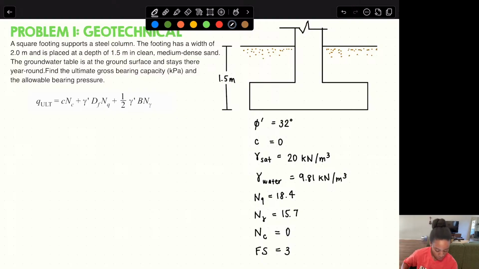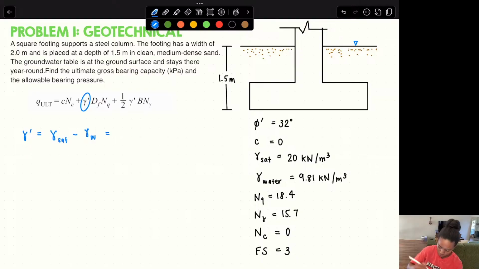But before we dive in, we're going to need to find the effective unit weight. Like the problem says, the groundwater table is at the ground surface, which means that all of the soil is saturated. So in order to find the effective unit weight, we are going to need to solve this equation. We're going to have the saturated unit weight minus the unit weight of water.